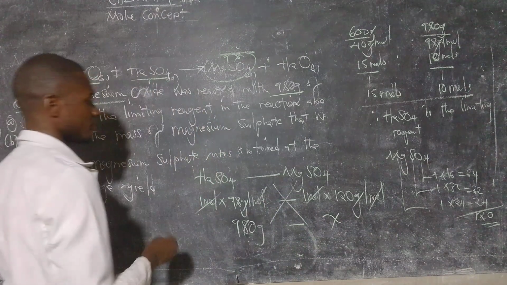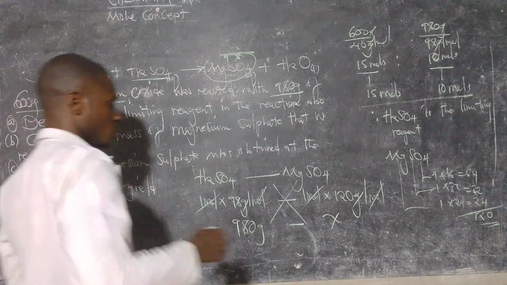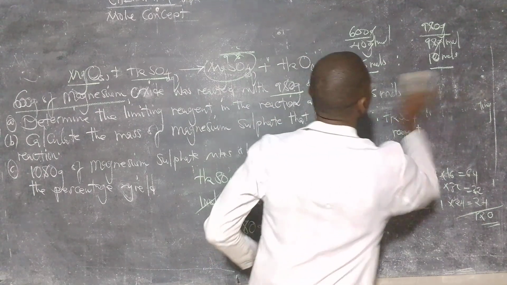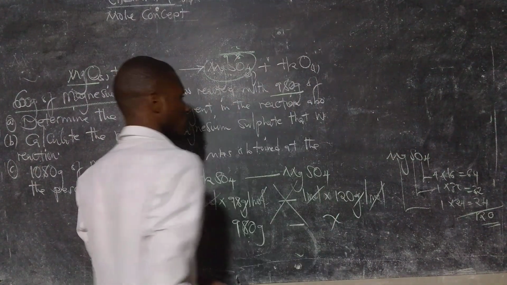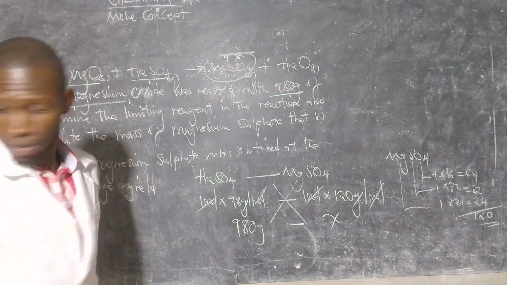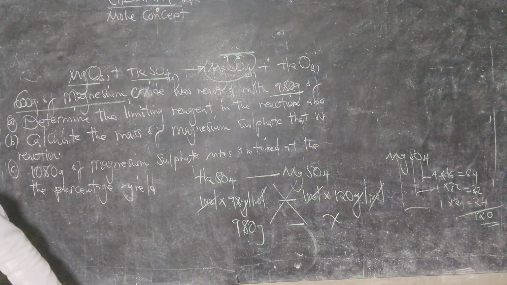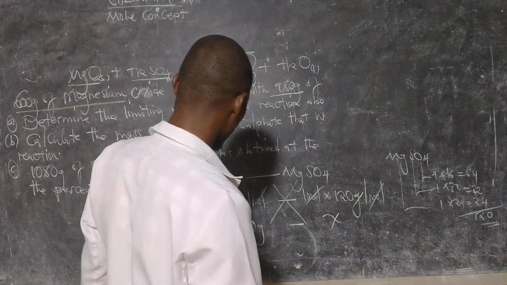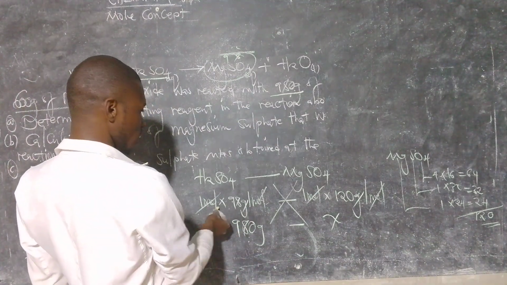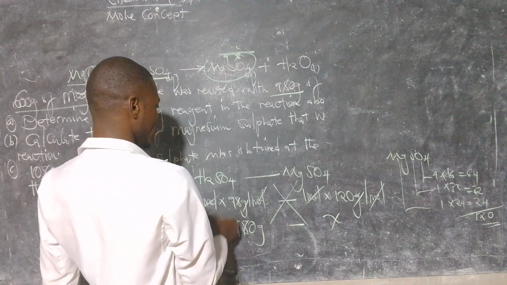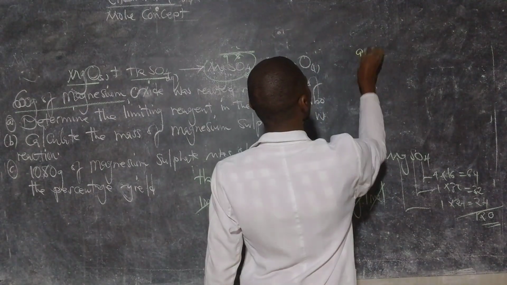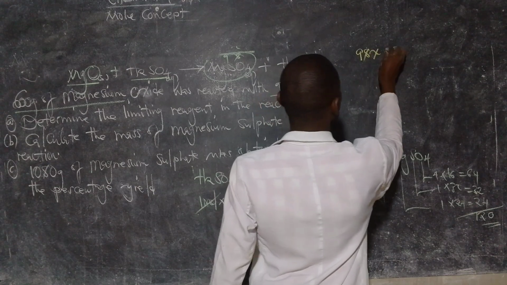We cross multiply. So after we do cross multiplication, now since we have cancelled everything here, X will multiply by 98. We are getting 98X.